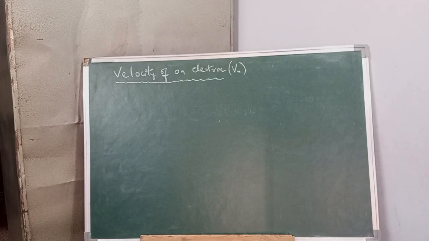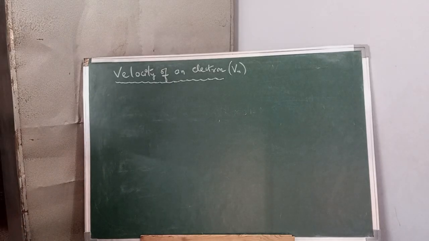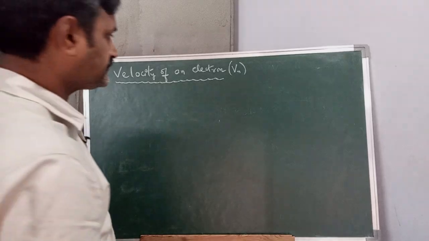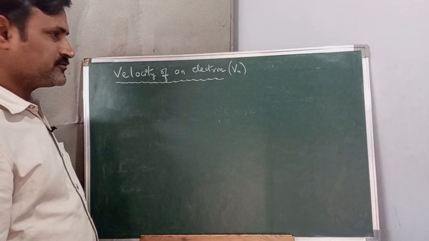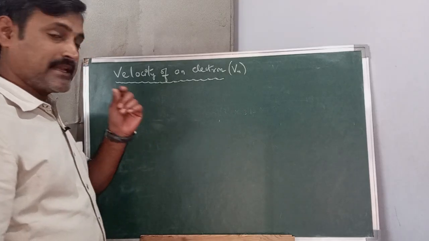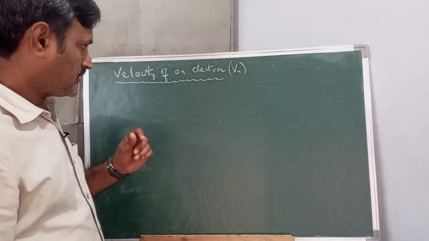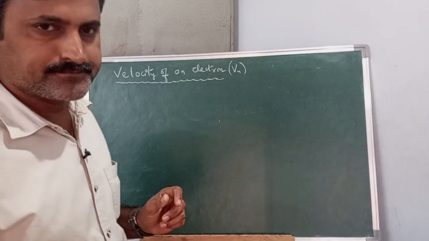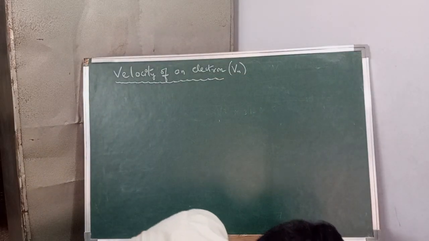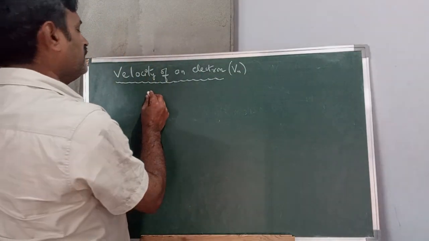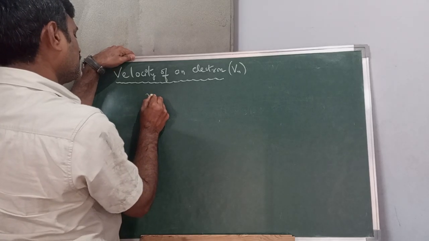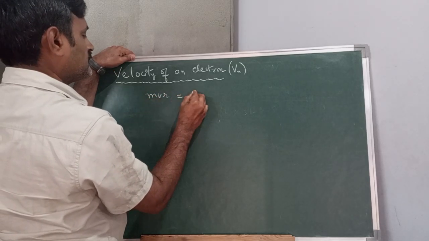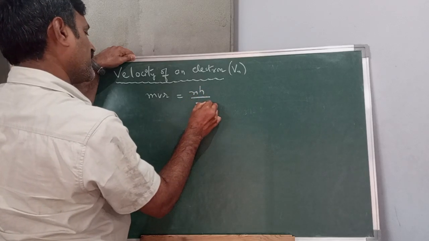Most interesting one, this one also, which is from the Bohr's concept: velocity of an electron. As we all know, velocity we can deduce from the Bohr's angular momentum quantization formula, in which mvr equals nh by 2 pi.